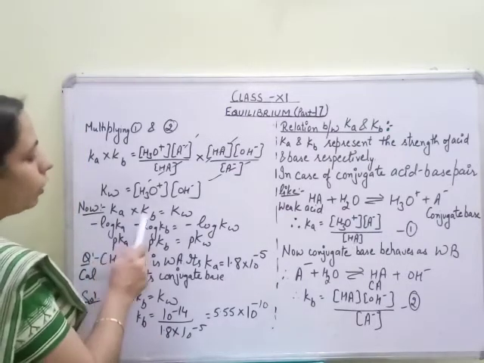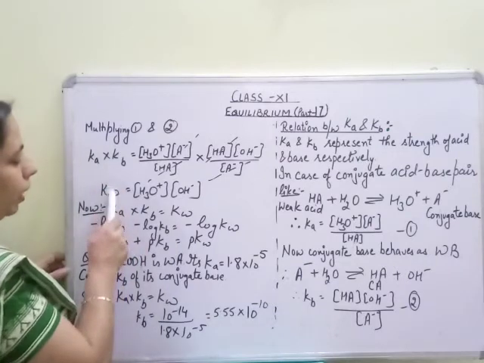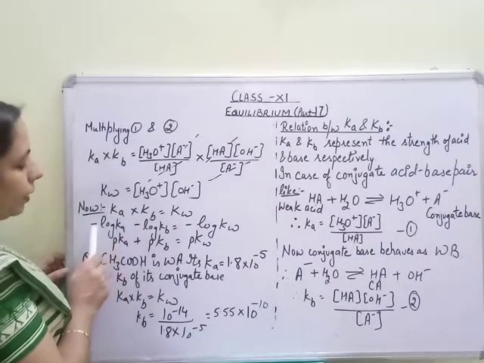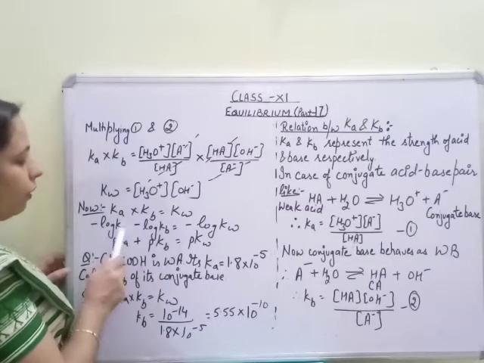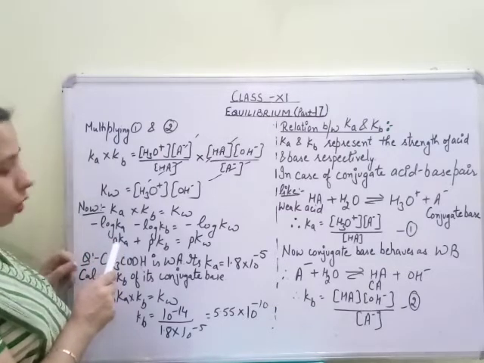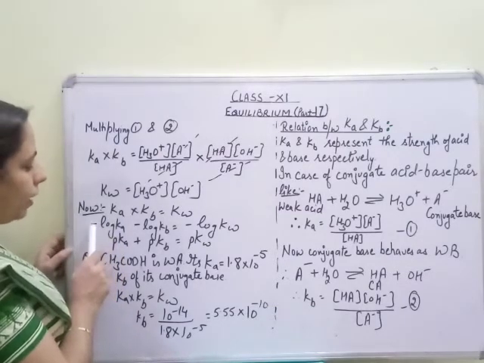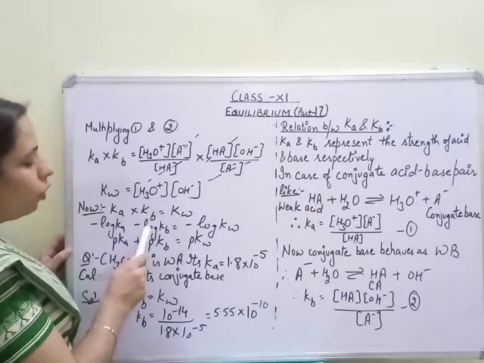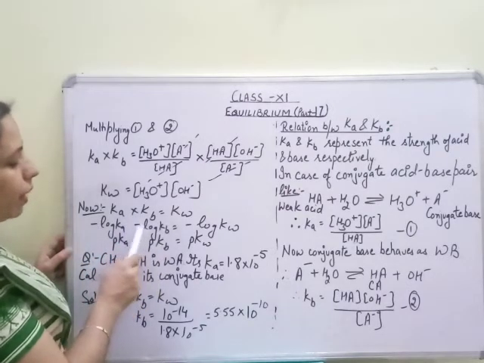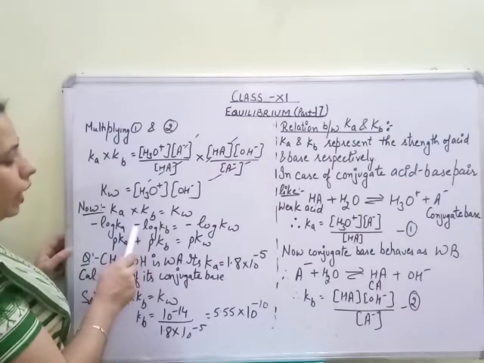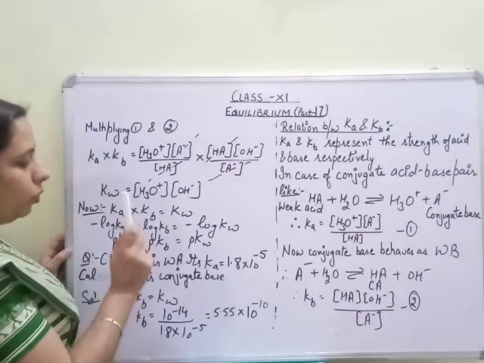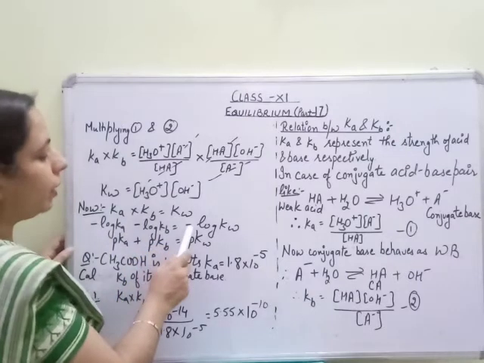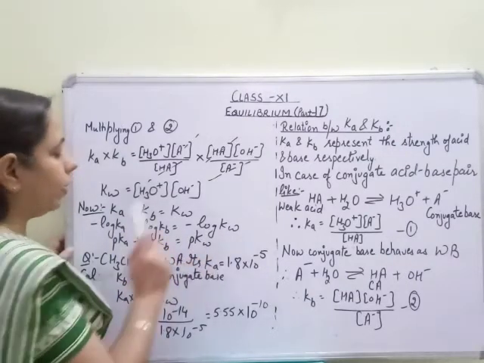Now Ka into Kb किसके इक्वल है? Kw के. Ka को हम लिख सकते हैं negative log of Ka. If we take the negative log, we will write negative log of Ka plus negative log of Kb. Plus minus will become minus. So here I have written minus log Kb only. And Kw can be written as minus log of Kw.